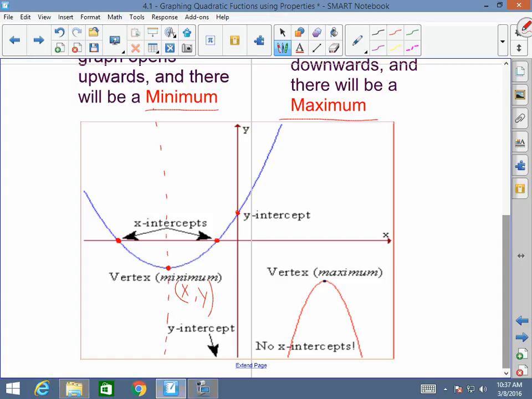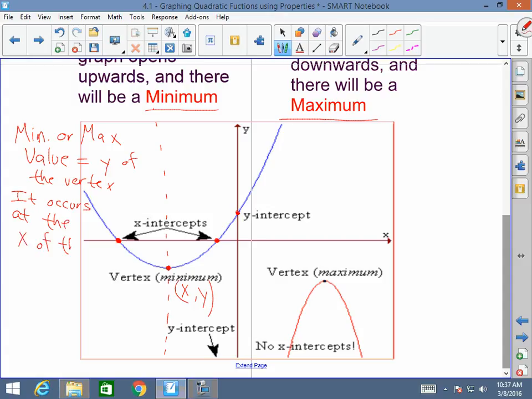So when you have a vertex, it doesn't matter whether it's a minimum or maximum, pay attention: the minimum or maximum value equals the y of the vertex, and it occurs at the x of the vertex.